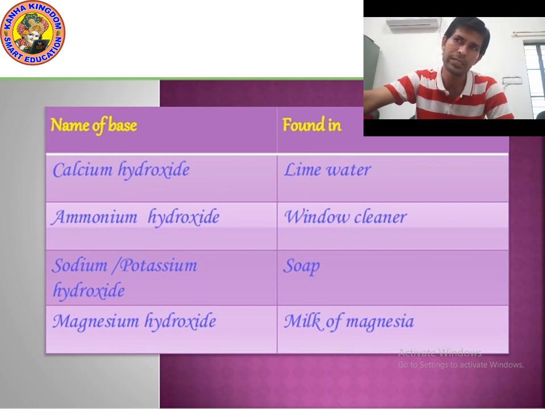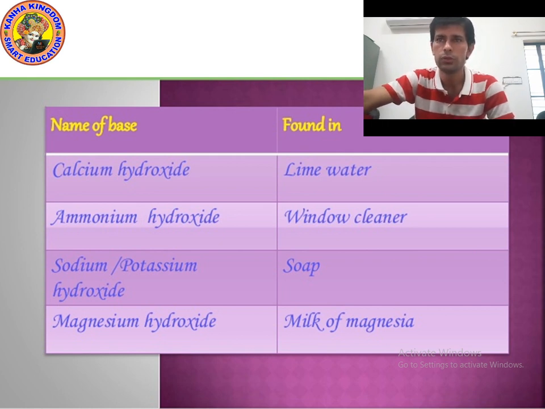Calcium hydroxide is found in lime water, ammonium hydroxide is found in window cleaner and also in ammonia, sodium hydroxide and potassium hydroxide are found in soap, magnesium hydroxide is found in milk of magnesia. These four are important.